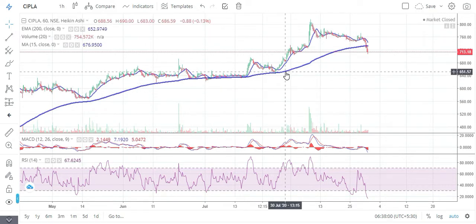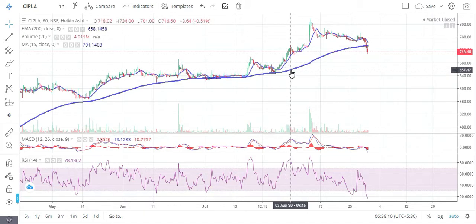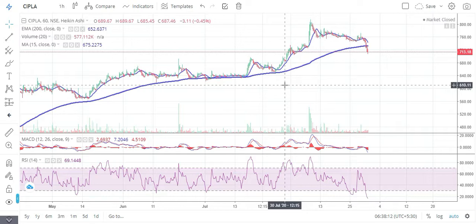You see this thick blue line, it is a moving average. I have two moving averages, one smaller and one bigger. A moving average is basically the average price over a period of time.